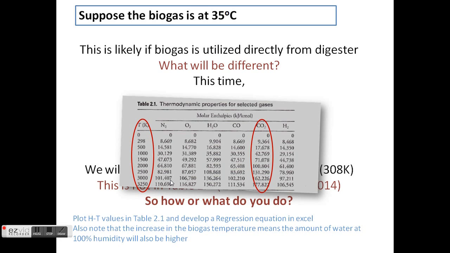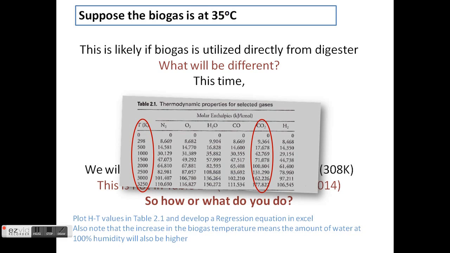And you can now add a trend line, and then you show the equation. If you use Excel, you click show equation, and you have an equation showing the relationship between enthalpy and temperature. So you can now put in your temperature value and get the enthalpy value, which is going to be somewhere between these two. So that's a check. The value should be between these two.